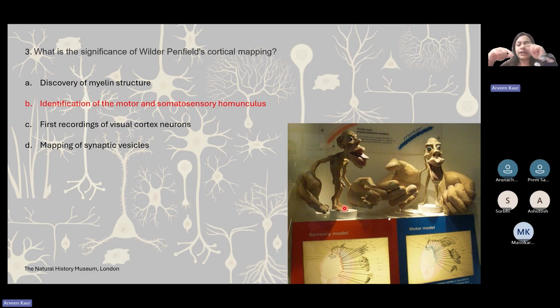Similarly, when we are performing a function in response to some stimulus that has come, most of the work that we are performing is through our hands, through our fingers. So see how much of the homunculus has been dedicated to our hands and fingers, to our lips, mouth, eyes, because visually also we are always processing, even odor.